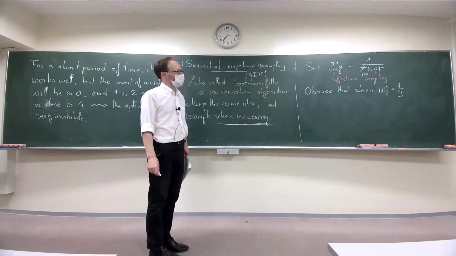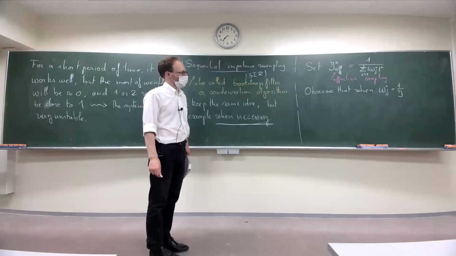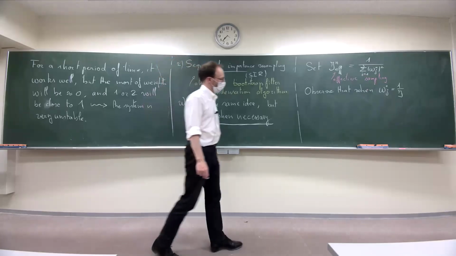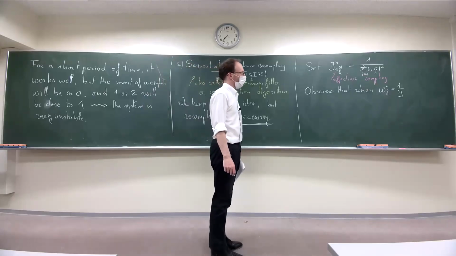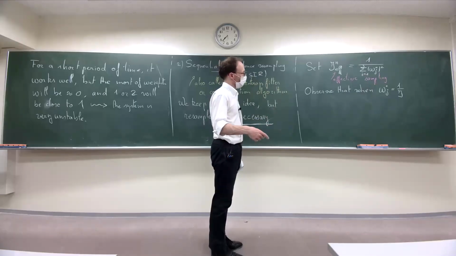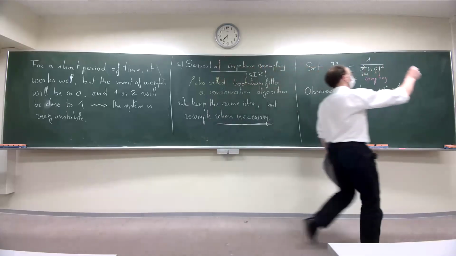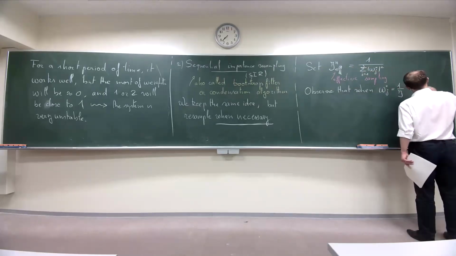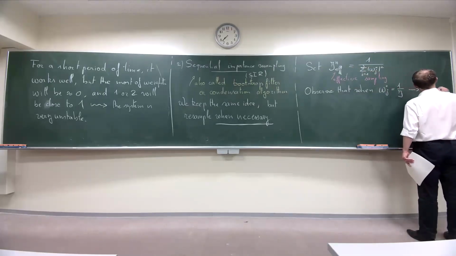You have J times (1 over J) squared, so it makes 1 over J. So altogether, you get that this J_eff is essentially J.